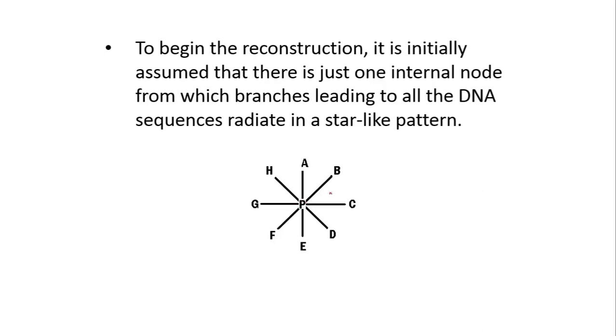We would assume that all of the sequences originated from a single ancestor. Well, this is a wrong assumption, but we have to start from some place. So at the starting point, we would assume that all of the sequences we are dealing with have originated from a common ancestor. Okay, and this common ancestor is P, and they radiate in a star like pattern.